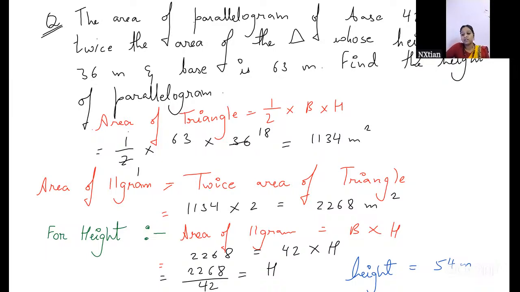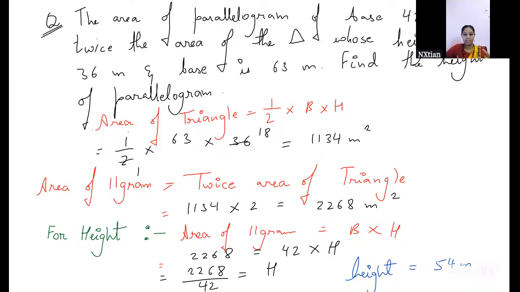In the question, we were given the base of the parallelogram. We don't know the area, but the question says that the area of the parallelogram is twice the area of the triangle, and the triangle's height and base are given to us.